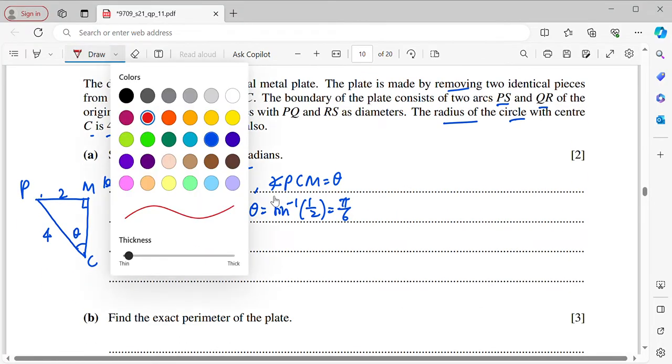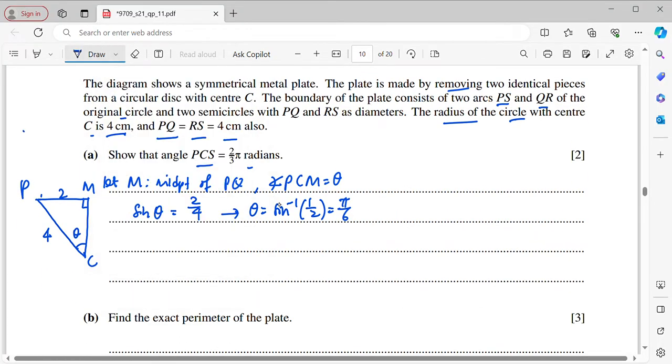So angle PCS will be pi minus 2 of pi/6. Therefore, it is pi minus pi/3, and at last you will get 2/3 pi. So that is our angle PCS.